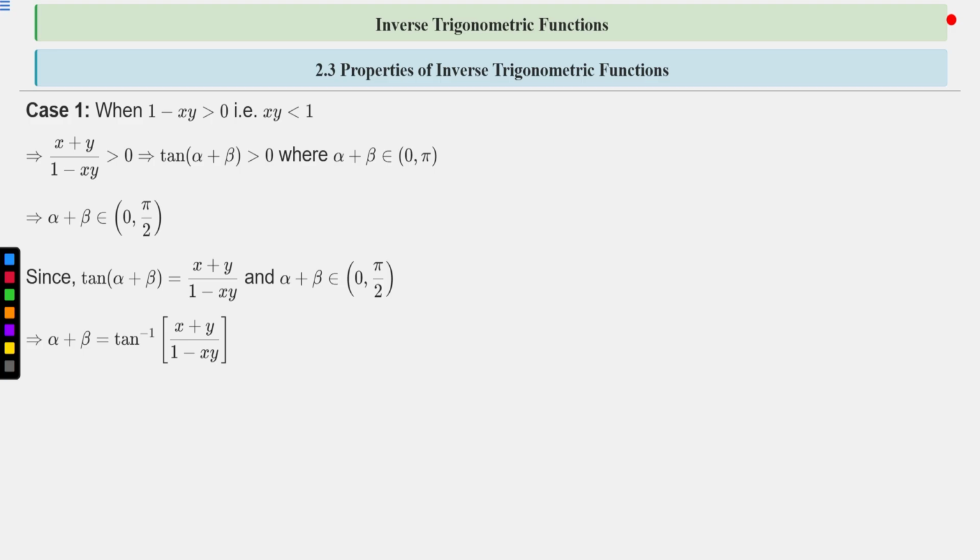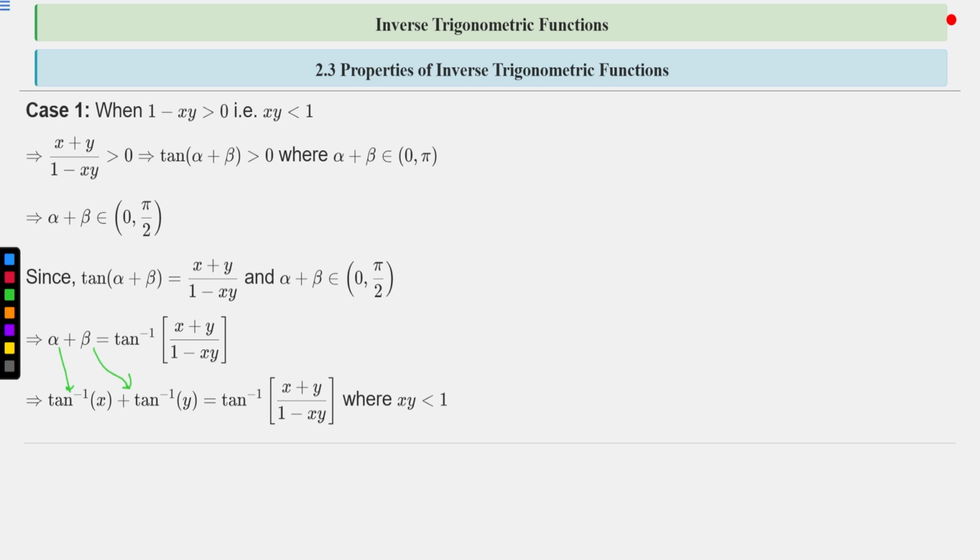Now we can write alpha plus beta is equal to tan inverse of (x plus y) upon (1 minus xy). Alpha is equal to tan inverse x and beta is equal to tan inverse y, we know.